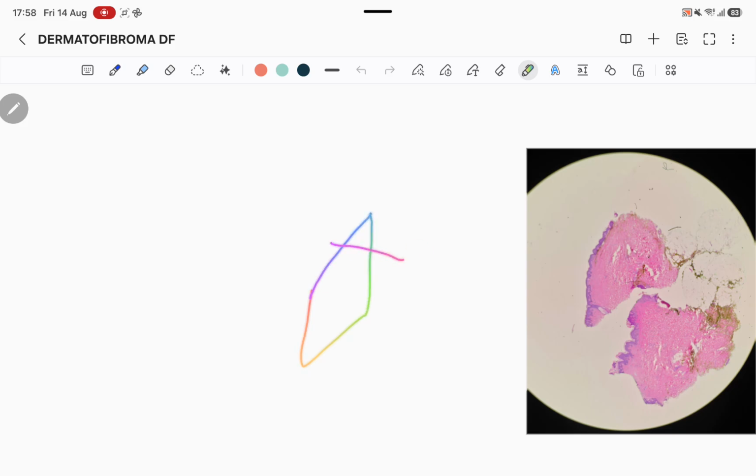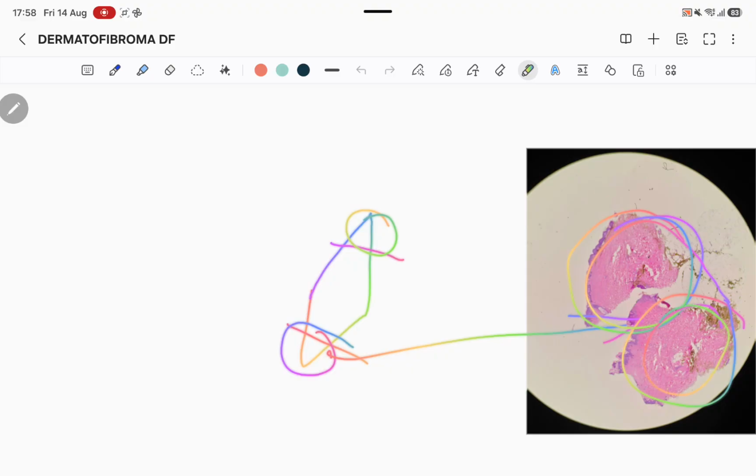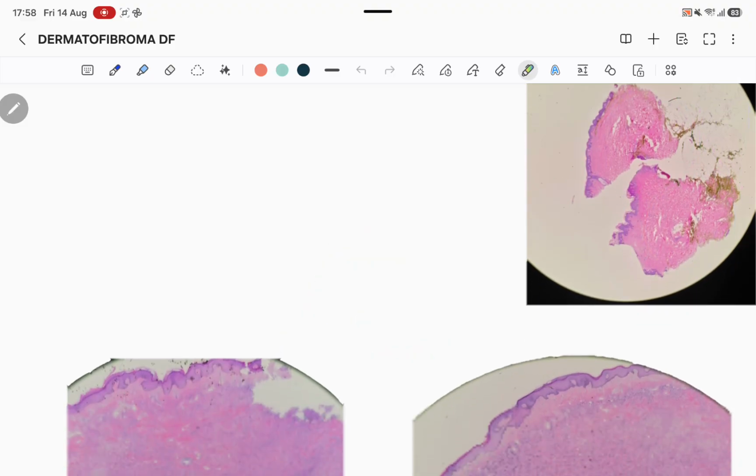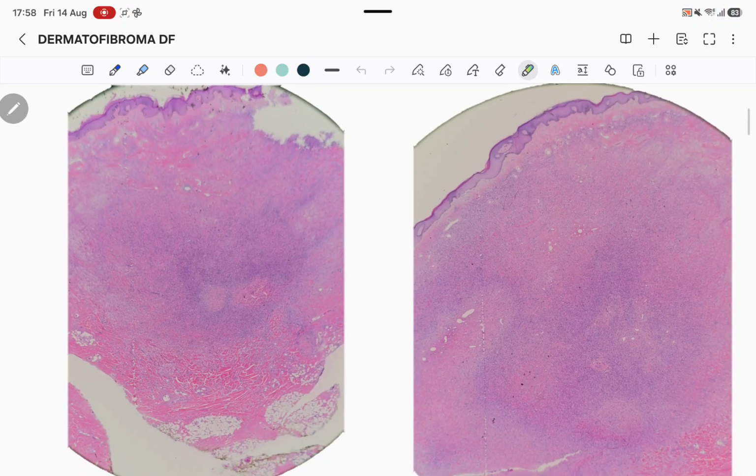The tips in here are free on the margins. Not all margins were free, however. As you can see, this is the dermal tumor. This is not a normal looking dermis, all right? And it is specifically in the dermis.